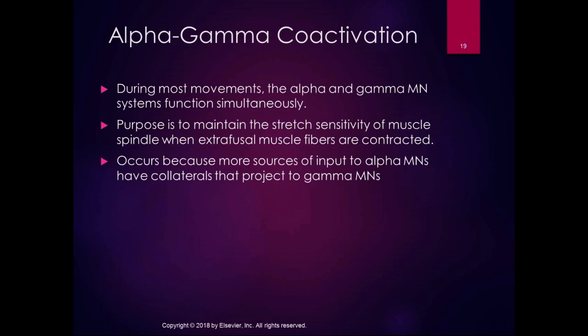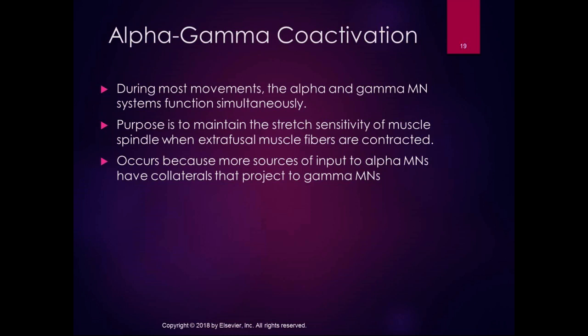Okay, so we want to maintain the stretch sensitivity of the muscle in order to protect the muscle fiber. So the excitatory signals that are sufficient to stimulate alpha motor neurons also stimulate gamma motor neurons to the spindle fibers in the same muscle.